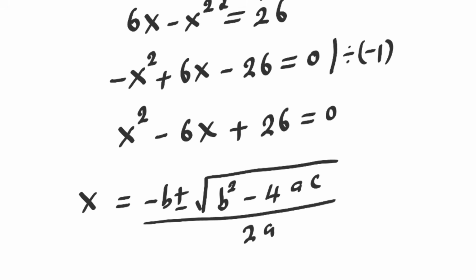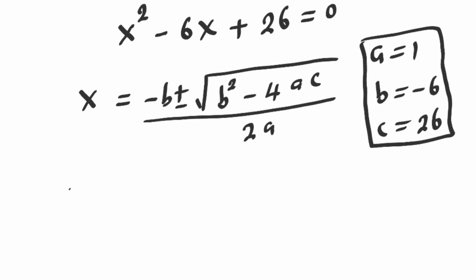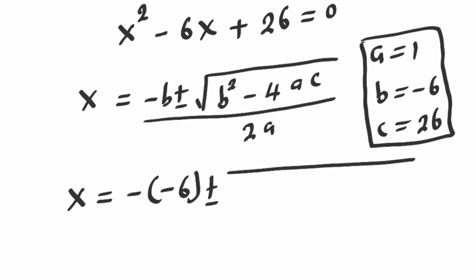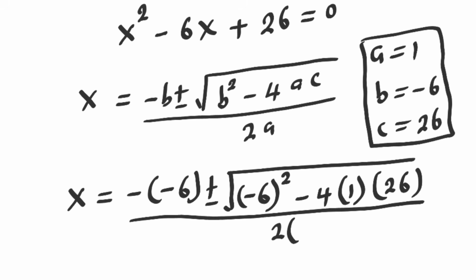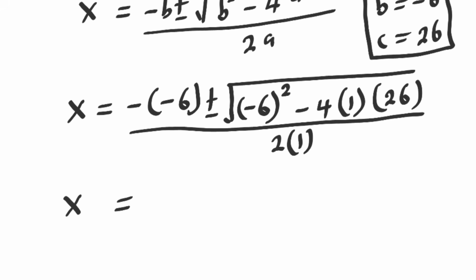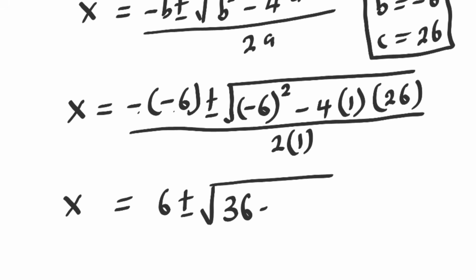Then from this equation, a is equal to 1, b is equal to minus 6, c is equal to 26. x is equal to minus bracket, b is minus 6, plus or minus square root of b squared, that is minus 6 squared, minus 4 multiplied by a is 1 multiplied by c is 26, divided by 2 multiplied by a is 1. x is equal to minus multiplied by minus 6, plus 6, plus or minus square root of minus 6 squared, 36, minus 4 multiplied by 1 multiplied by 26, that is 104, divided by 2 multiplied by 1, 2.